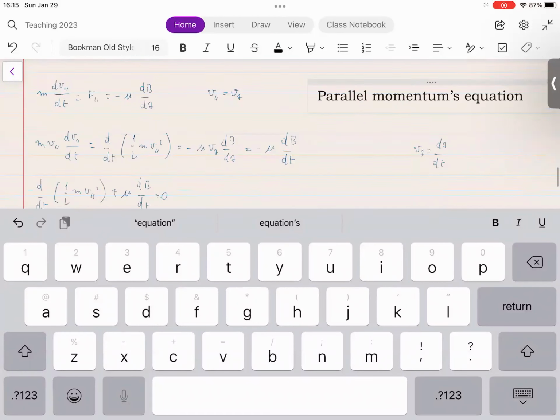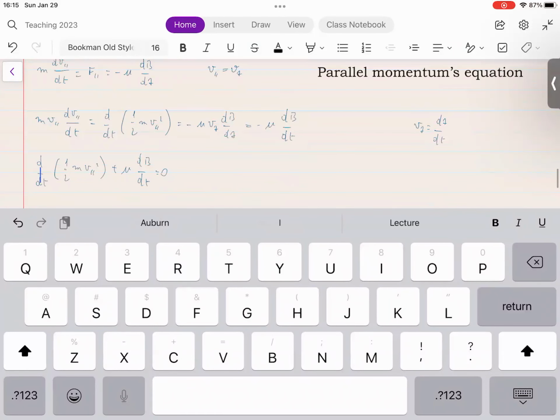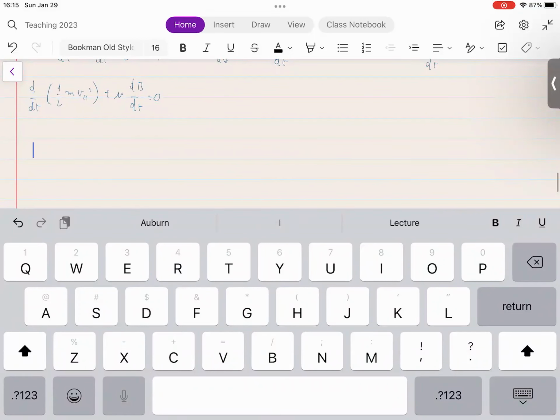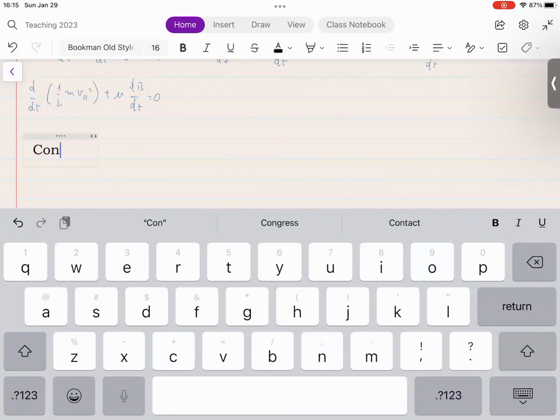The next equation I'm going to use is the conservation of kinetic energy. The kinetic energy, of course, is conserved because there is no change in potential energy.